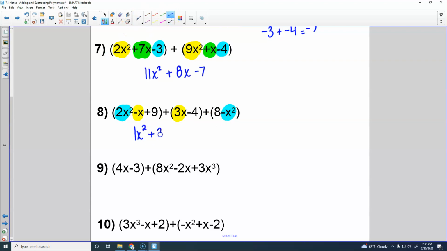Plus 2x. And then for my last terms, I've got 9, -4, and 8. So let's see. That'll be 5 and 8 will give me 13. So plus 13. And this will not be calculator active, so we will not be using our calculator for these.